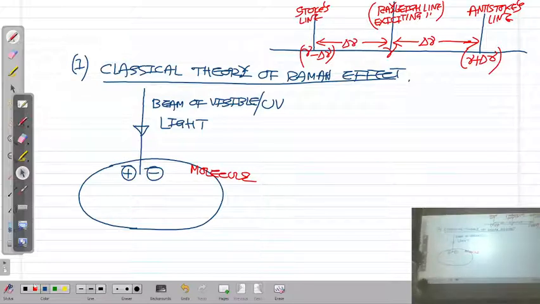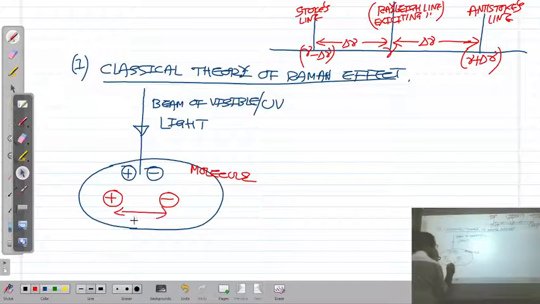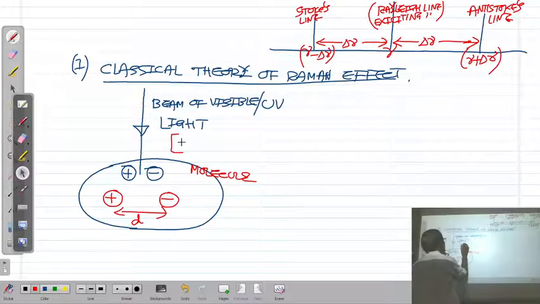Okay. Now what happens? When a beam of visible or ultraviolet light falls upon the molecule, the center of positive charge and negative charge are displaced relative to each other. And this is because the beam of visible or ultraviolet light has an oscillating electric field.